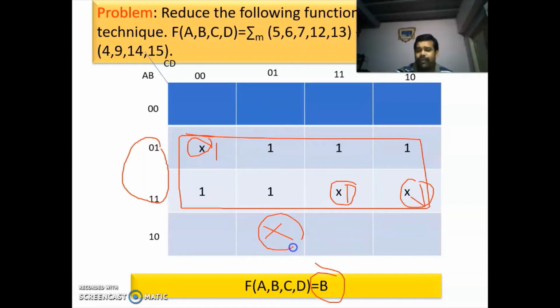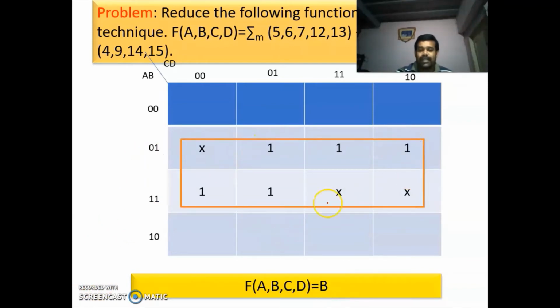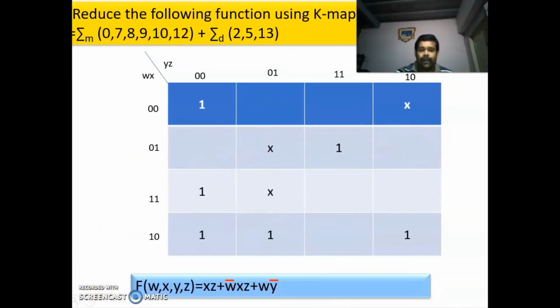One don't care is left ungrouped, so there is no need to group it. We group a don't care only if there is a benefit of considering it as 1, so that we get fewer terms in the output. So this is the grouping.